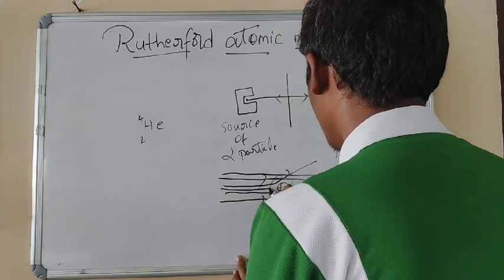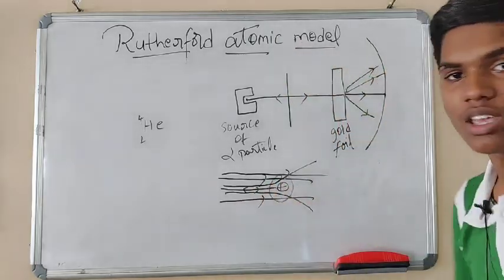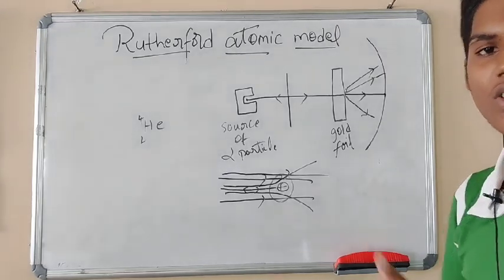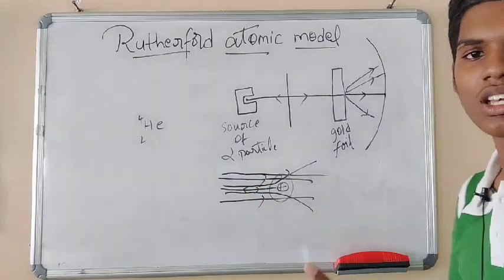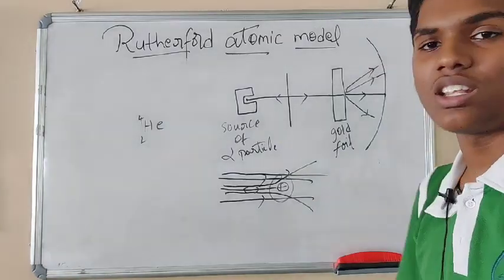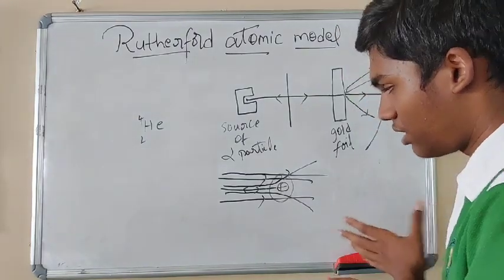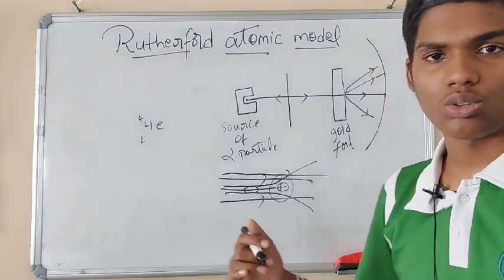Some go straight to the nucleus and bounce back along the same path. Those just near the nucleus deviate by making some angles, but those that come straight to the nucleus repel more because the entire mass is concentrated in the nucleus. That's why they go back along the same path they traveled.